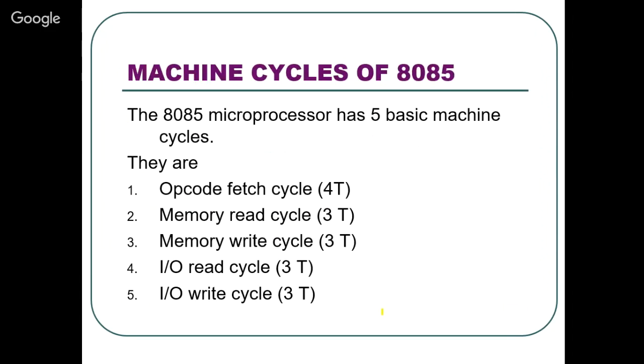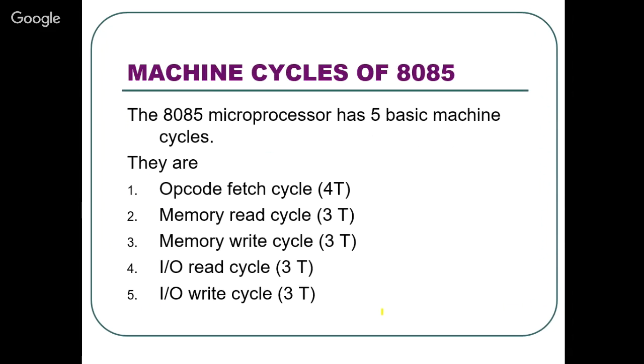For the machine cycle of 8085, there are basically 5 types of machine cycle. Opcode fetch cycle: an opcode fetch cycle always takes 4 time states in case of 8085, except for 2 or 3 instructions. Those instructions are 16-bit operations, like DCX and INX.